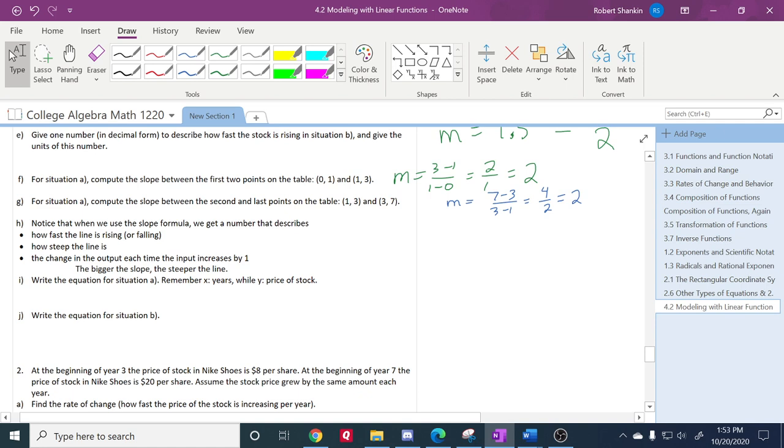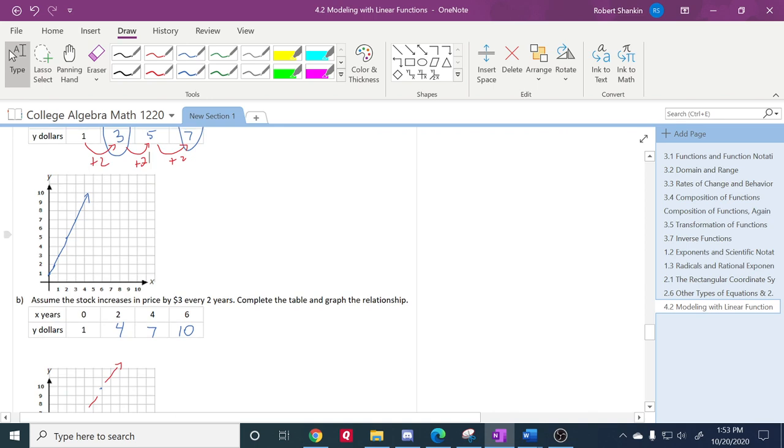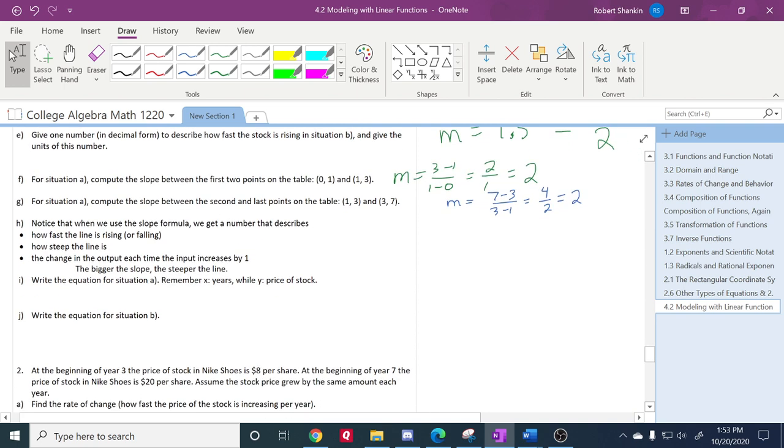Okay, all right. So now it says write the equation for situation A. Write the equation of that line that represents this situation. Remember, x is years, y is price of stock. When you write this equation, it'll start with y equals.